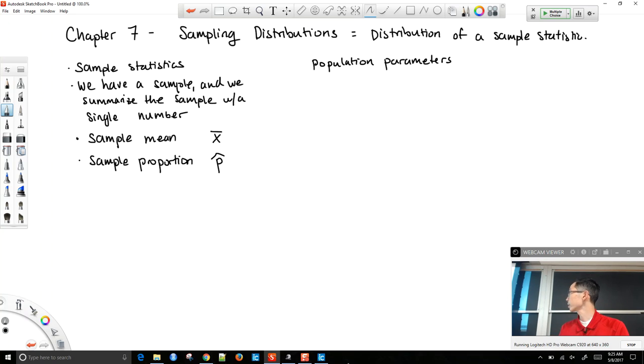Population parameters, on the other hand, are properties of the population. The population has some characteristic, and this might be the mean of the population, or the population mean.